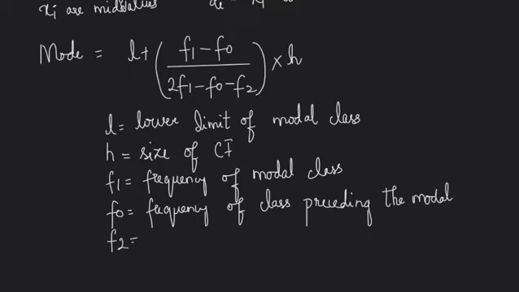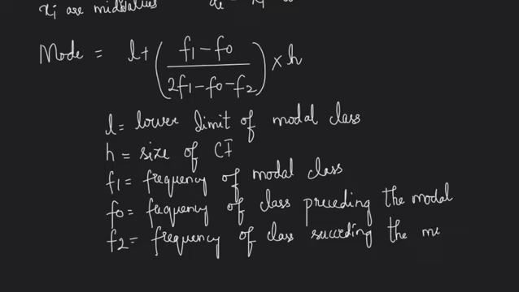Then we have f2, the frequency of the class succeeding the modal class, so it is the frequency of the class after the modal class. And this was about mode.